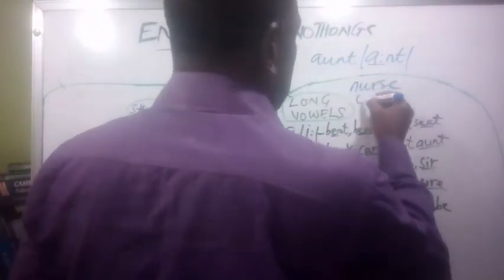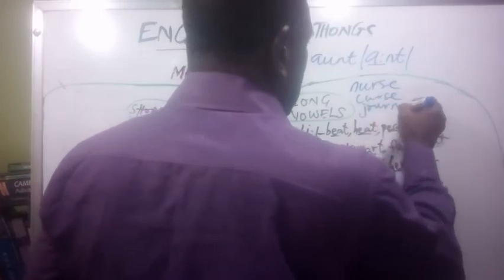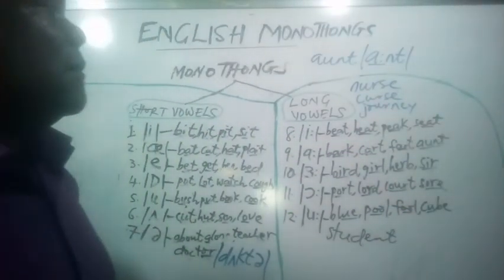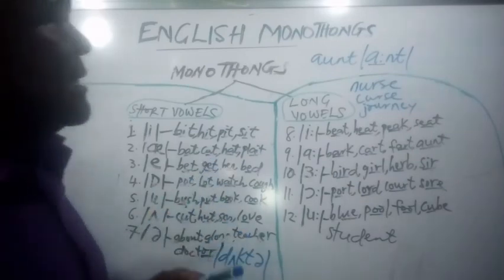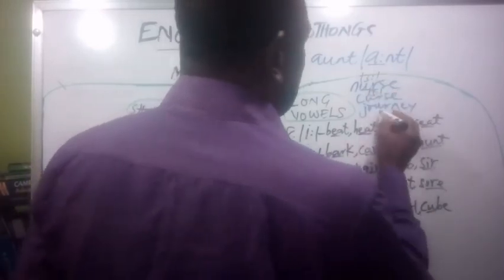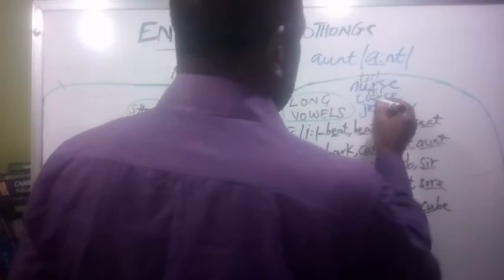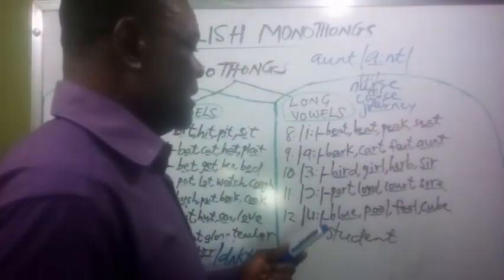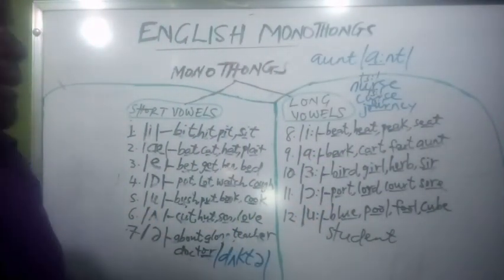word now. We can see here, what we have here is the long S sound, and the same thing here. And when we have OUR here, it is also the long S sound.